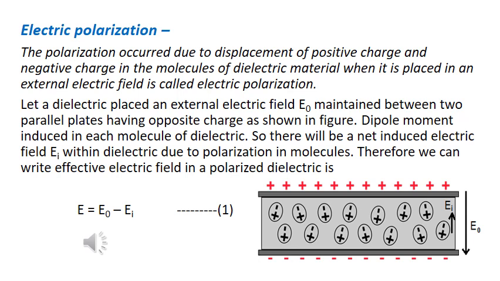As we can see in the figure, the induced electric field is in the opposite direction of the external electric field. So the negative sign is there in the expression.